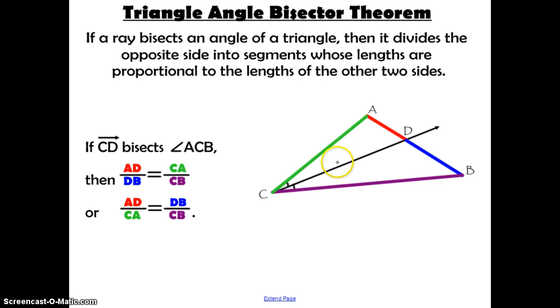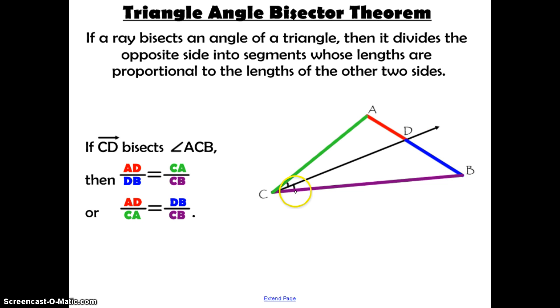You need to be careful here because we have this triangle and ray CD is bisecting angle C. It also happens to cut this segment AB into two segments. However, AD and DB are not equal to each other.